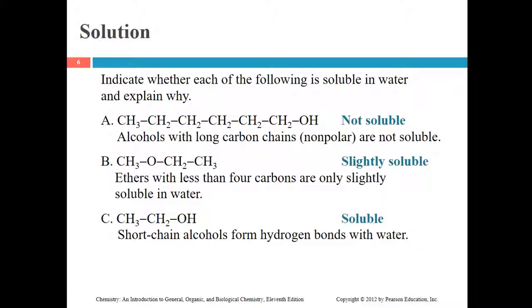Yes, the carbon part is nonpolar and the OH is polar, but the carbon is not a lot of this molecule. As long as it's 3 or less, it's totally soluble. 4 or less, it's partially soluble. By the time you get to 5, it's not soluble at all. Too many nonpolar items on there.